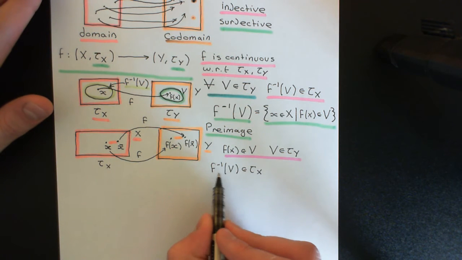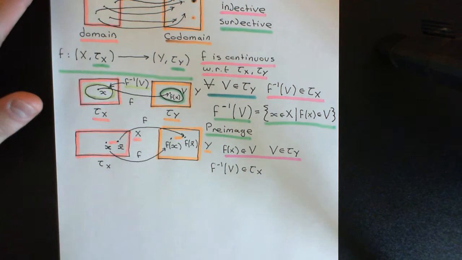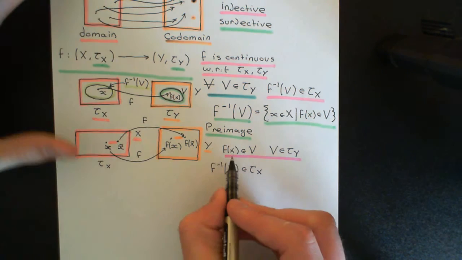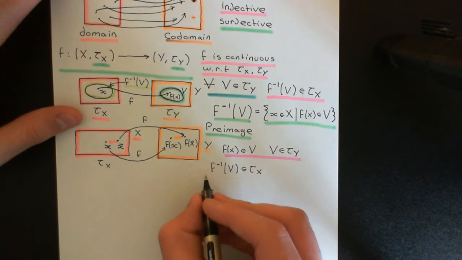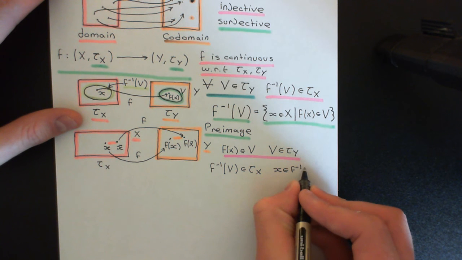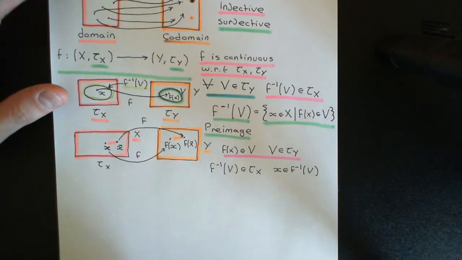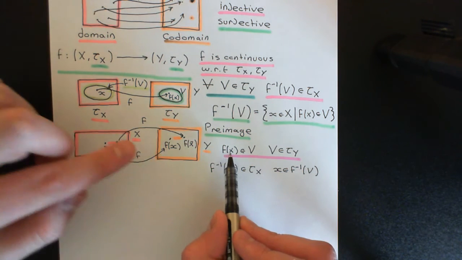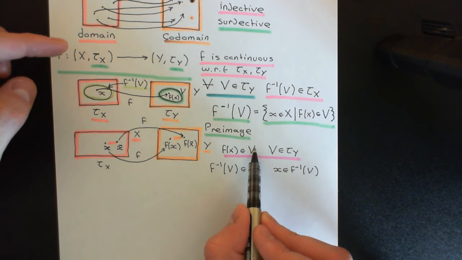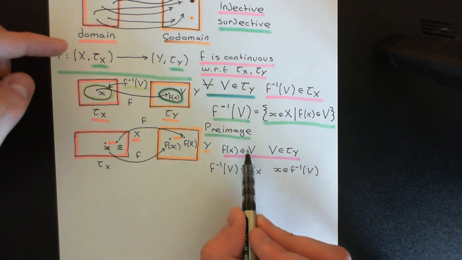Okay, what else can I say about f inverse of V, the pre-image of the open set V under the map F? I can also say that the element little x is going to be in there. So x is going to be an element of the pre-image of this set capital V under the mapping F. The reason I can do that is I assumed that f of x was in my open set V, and that means that x has to be in the inverse image, or the pre-image.